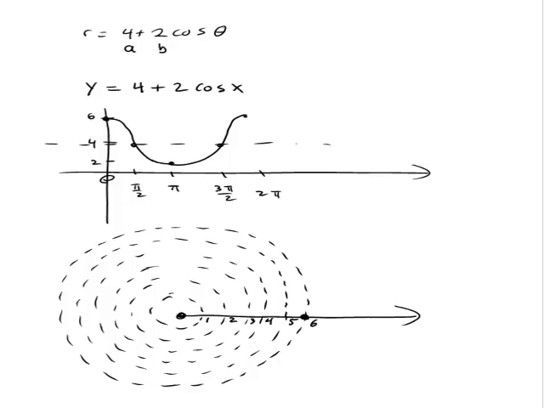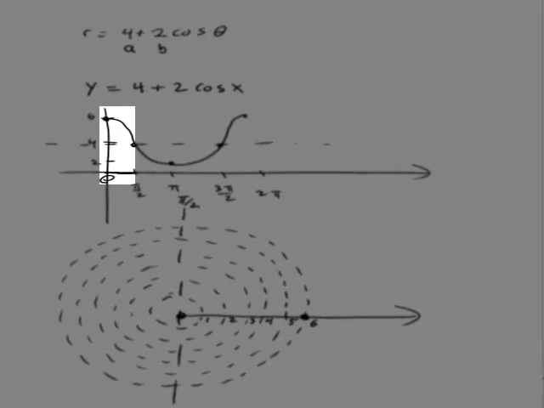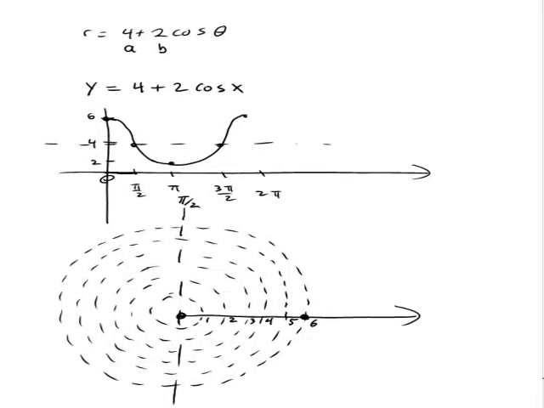All right, so then the next angle I need to consider is pi over 2, right? So let's draw in pi over 2 at the top. And I want to know, as the angle goes from 0 to pi over 2, how are the r's changing? Well, the r's are going from 6 down to 4.